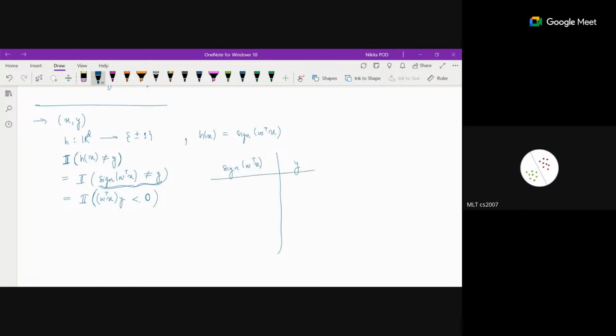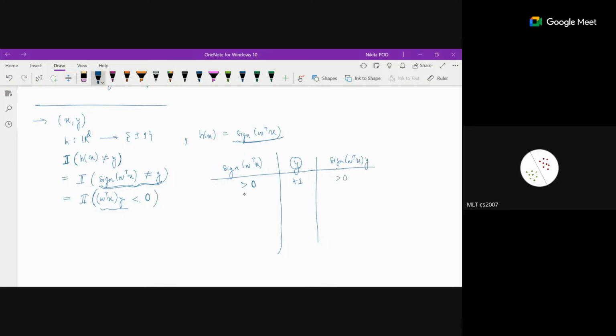If the sign of w transpose x is greater than 0, and the true label is, let's say, plus 1, then the sign of w transpose x times y is also going to be greater than 0. If I take the product, sign of w transpose x times y, this is going to be greater than 0.